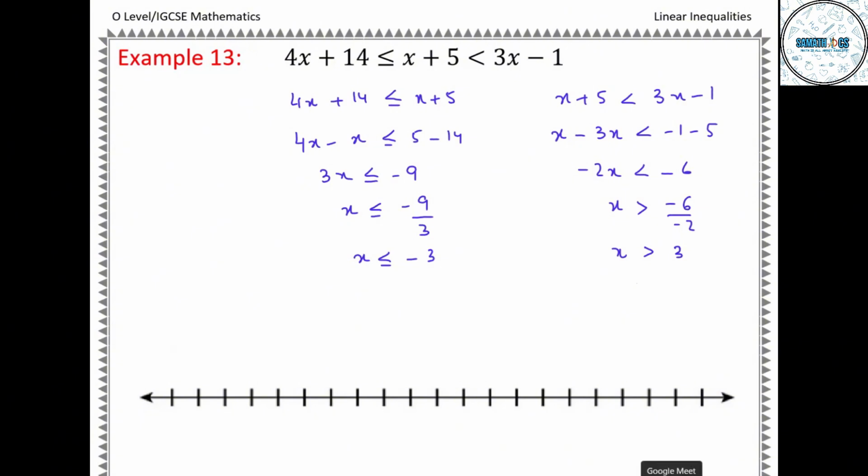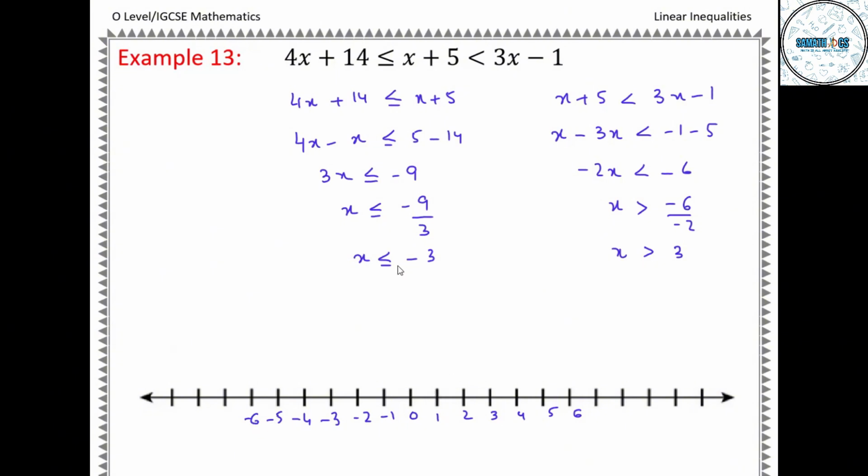Now we will mark these points on the number line to find out the solution. We have minus 3 till 3. Minus 3, minus 2, minus 1, 0, 1, 2, 3, 4, 5, 6. And here minus 4, minus 5, minus 6, and so on.